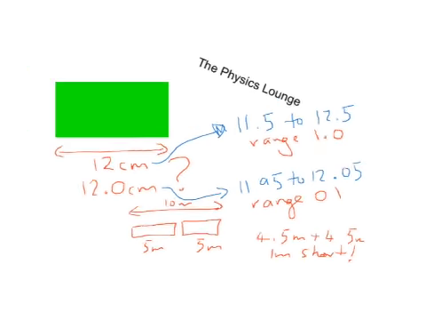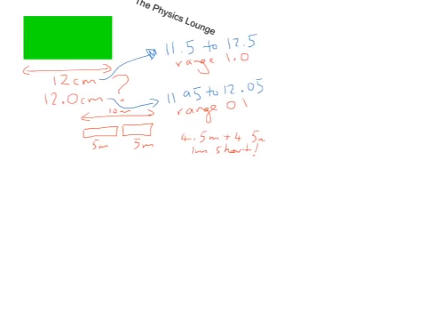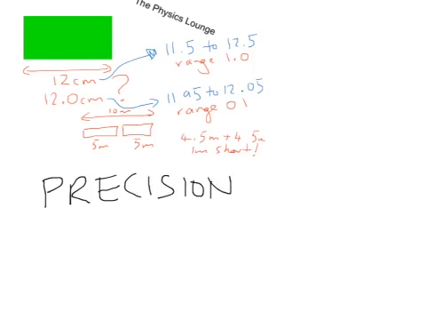Now, the way that we talk about these things is by using something called significant figures or decimal places. The key of what we're after here is precision. Precision, very important. That's why I've put an exclamation mark and underlined it.